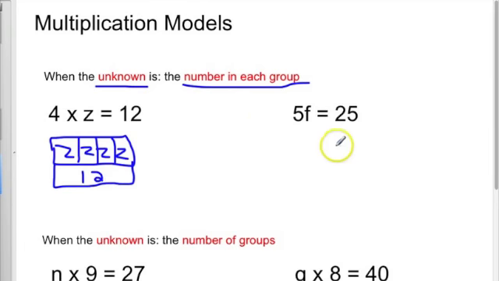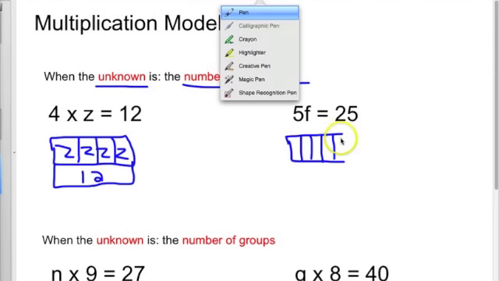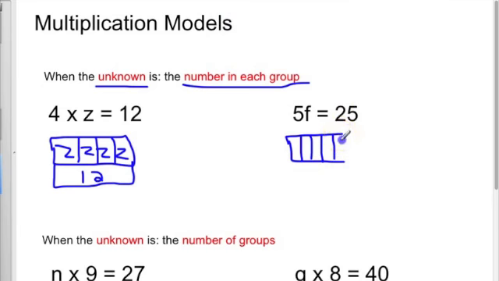Okay, let's try that again. See if you can pause the video and do 5f equals 25. Five f equals 25.